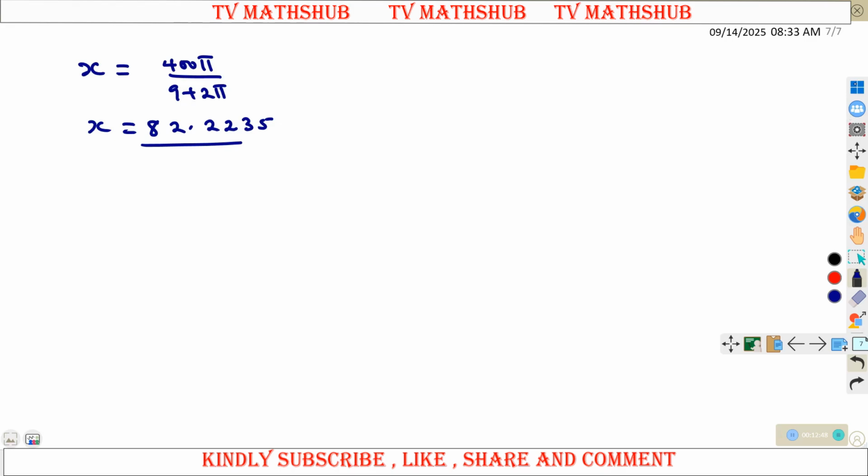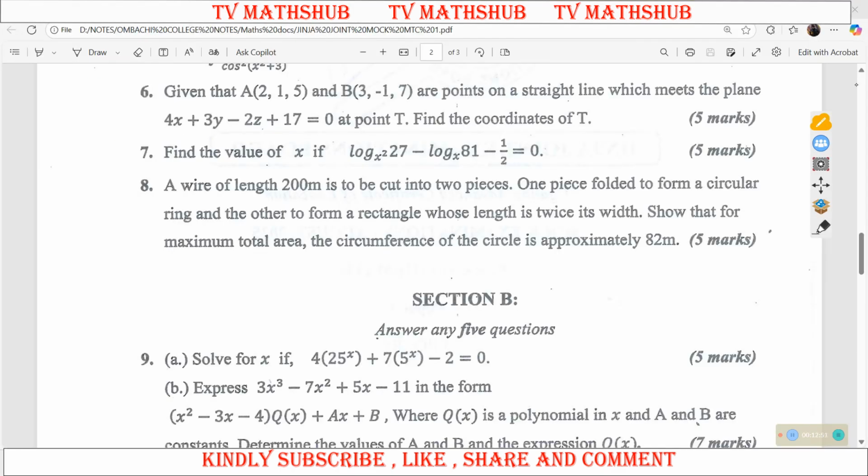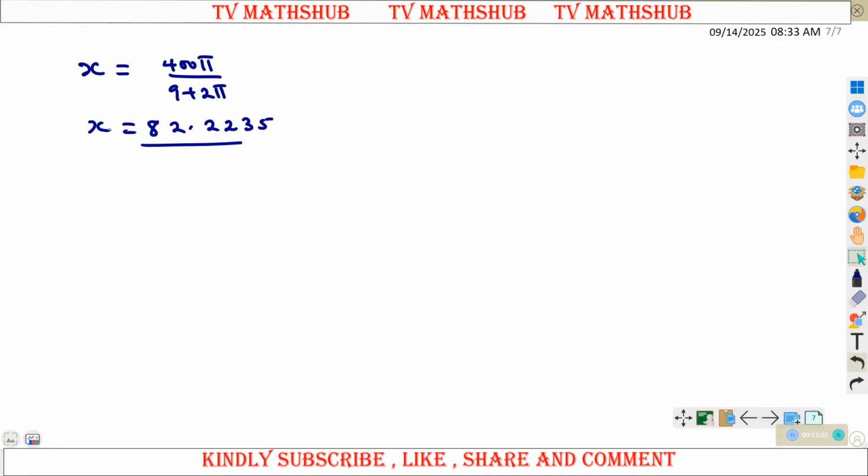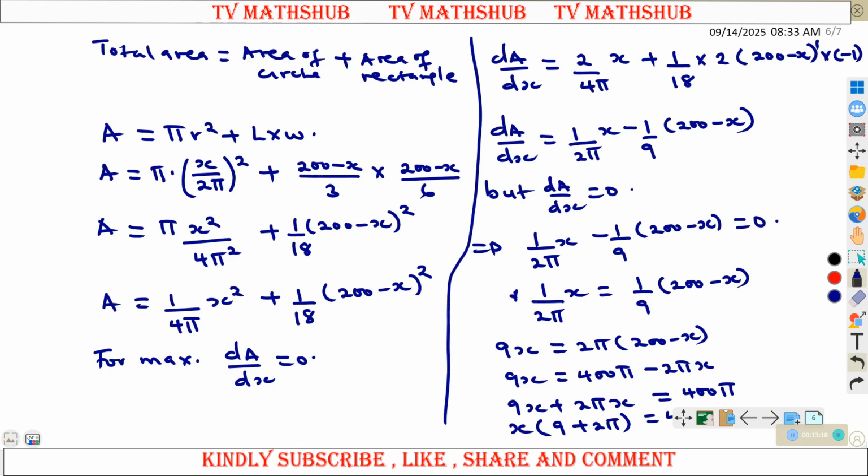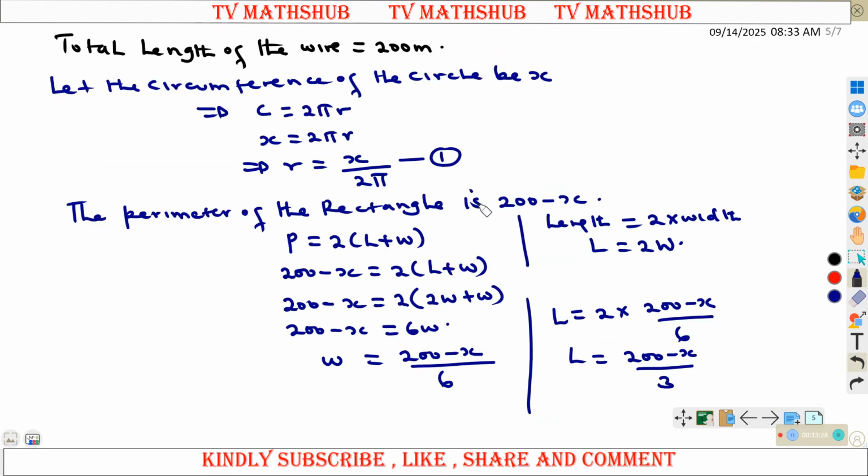So let us go back to the question and see what basically we need. They are saying show that for the maximum total area, the circumference of the circle is approximately equal to 82 meters. So looking at what we have got, the value of x as this, and remember the value of x from here was representing the circumference. The value of x was representing the circumference of the circle.